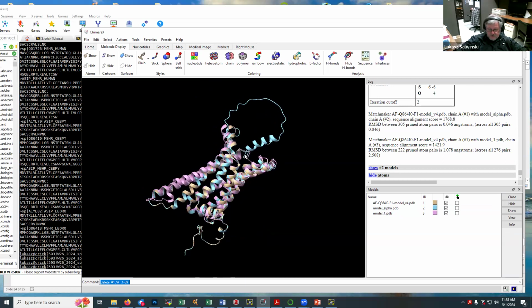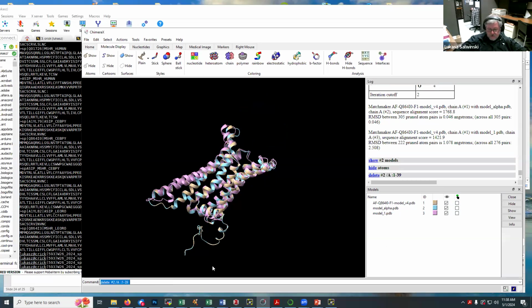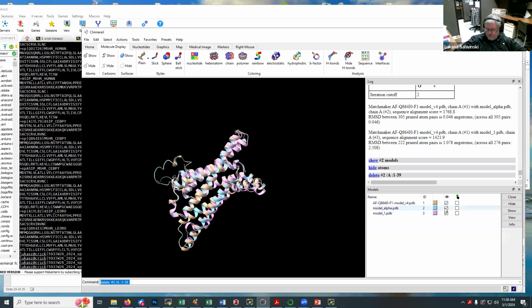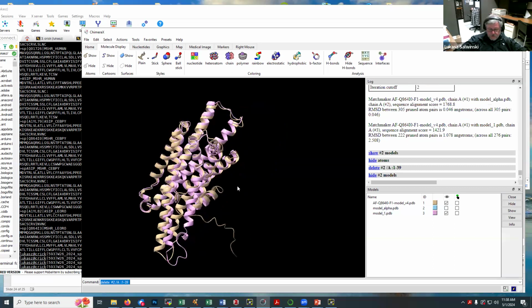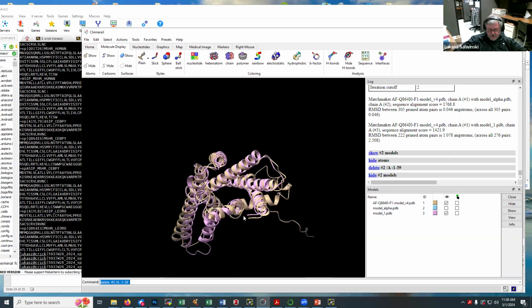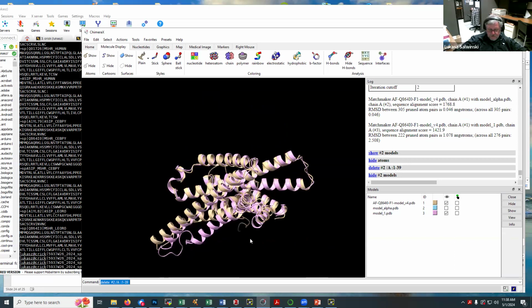It has the signal peptide there, so this is the model in blue, model 2, so we can also delete number 2. Okay, so here are our three models. I'll turn off blue. Okay, so this is what we've got when looking at the helix.